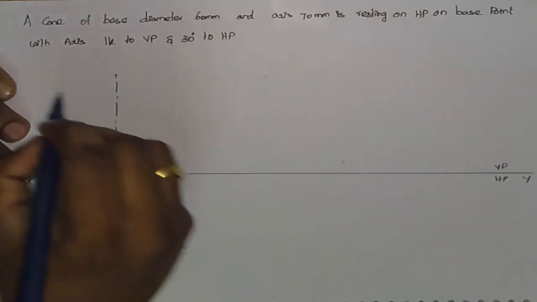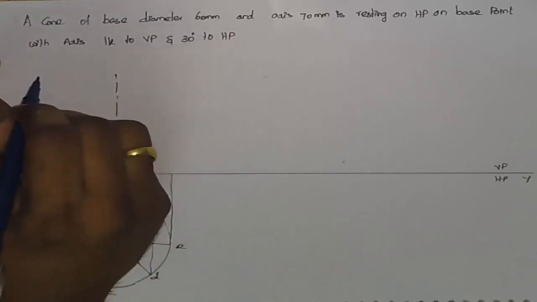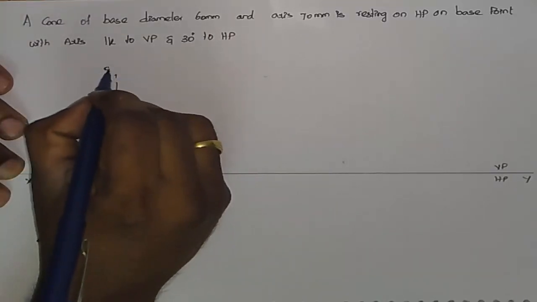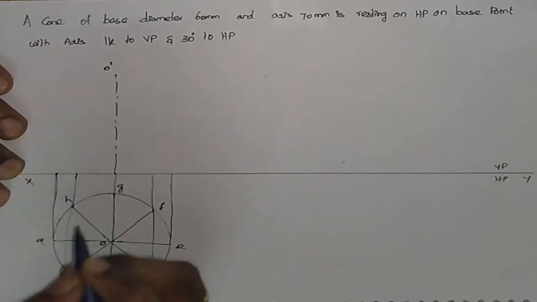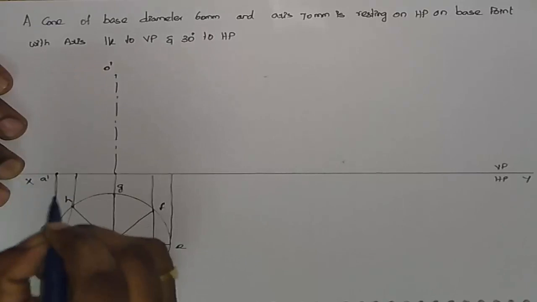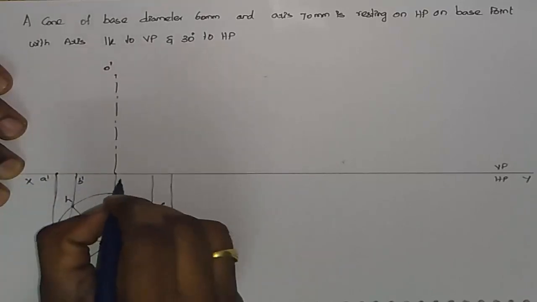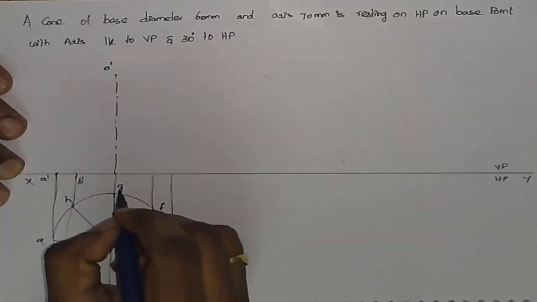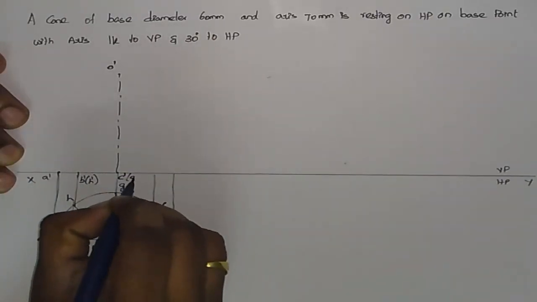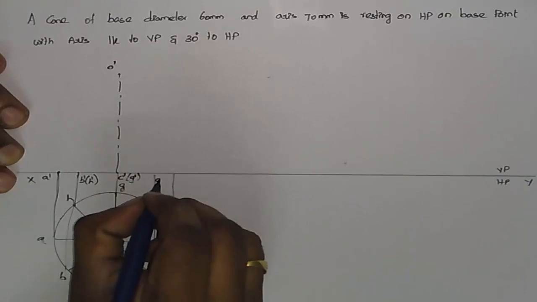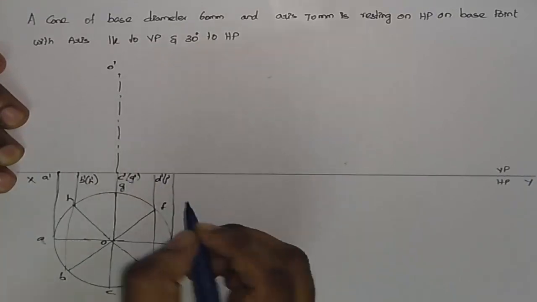The height is given as 70 mm, so at 70 mm you make the point O dash. Now connect and name these points. This is A dash, this is B dash, and the invisible edge is H dash. Here C dash and the invisible edge is G dash. Here D dash and the invisible is F dash.